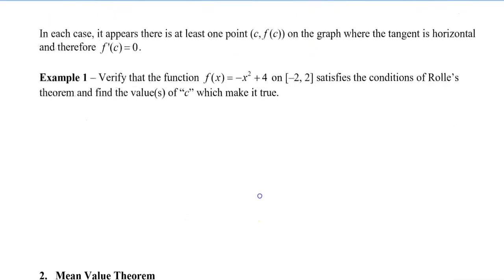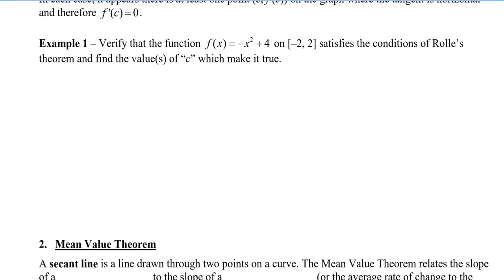All right, let's take a look at an example. I want to verify that f(x) equals negative x squared plus 4 on the interval from negative 2 to 2 satisfies the conditions of Rolle's theorem, and we're going to find the value of c which makes it true.